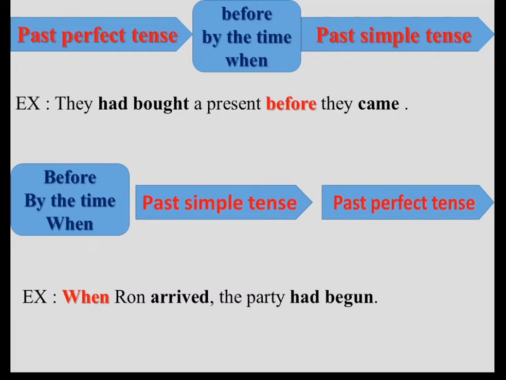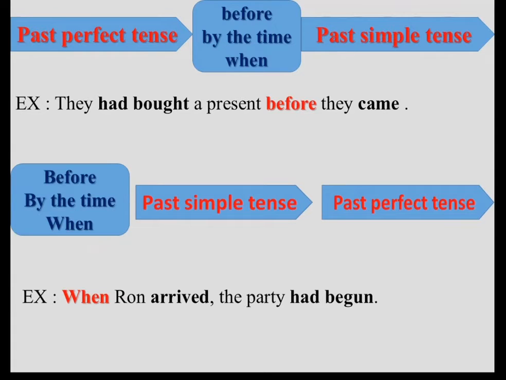Okay? After had, before had. So, they had bought a present before they came. So the first action is buying a present. And the second, yes, is their coming. Okay? So they had bought a present before they came.